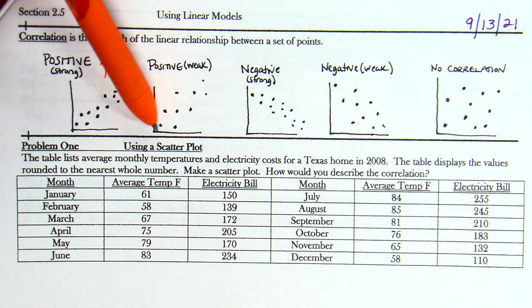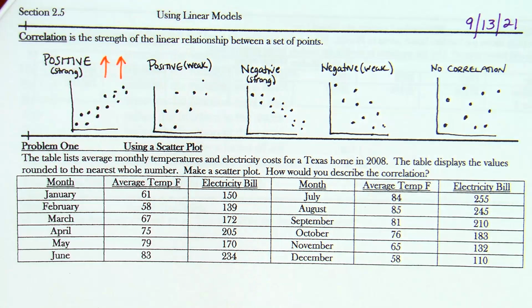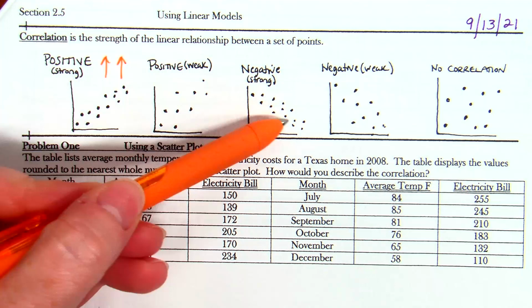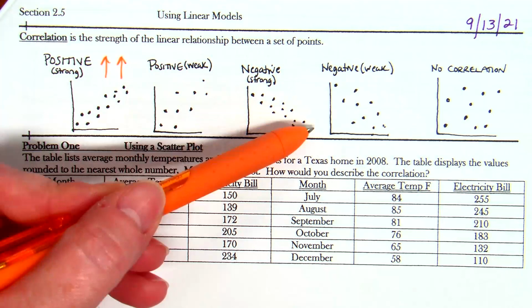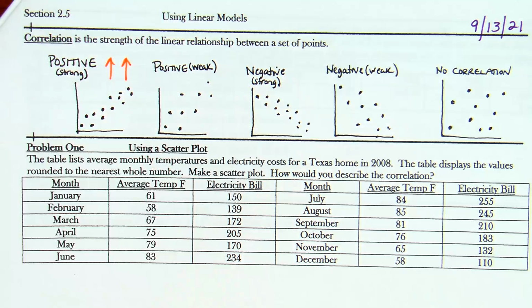Okay, so the opposite of positive is going to be negative. As you look at the picture, your dots are moving down to the right. So I would say, as I move to the right, my points are moving down.